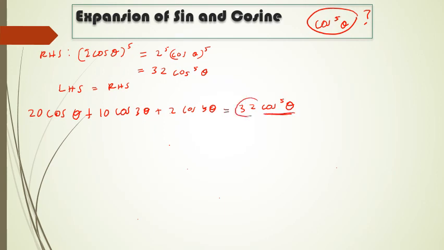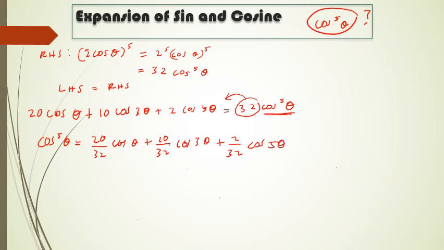So we will move 32 to the left hand side. So now cos theta power 5 is equal to, we divide. This 32 here is multiply, so we bring it to the left hand side and it becomes divide. So 20 over 32 cos theta plus 10 over 32 cos 3 theta plus 2 over 32 cos 5 theta.